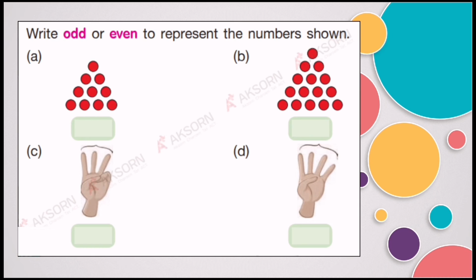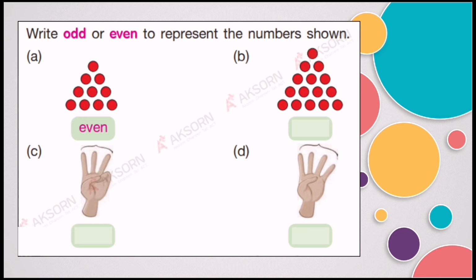So 10 ends in 0. Is it an odd or even number? Even. Very good. And it is also paired: 2, 4, 6, 8, and 10.